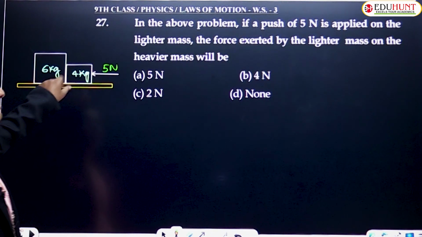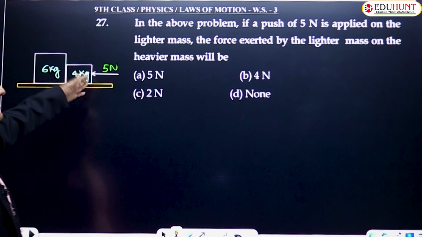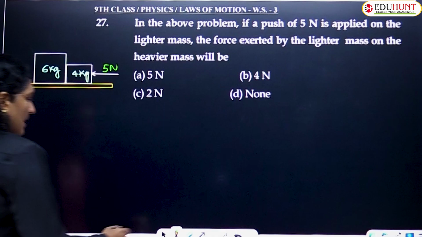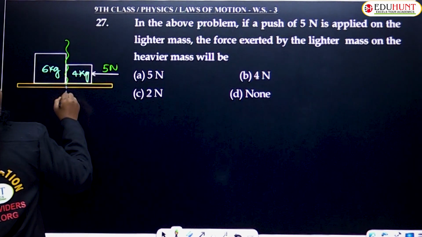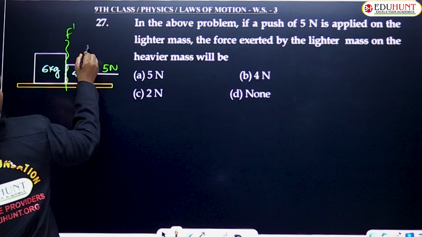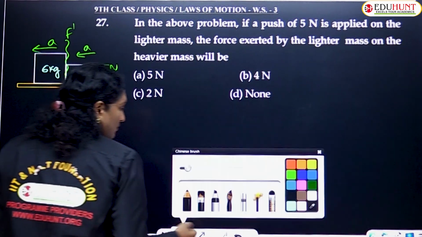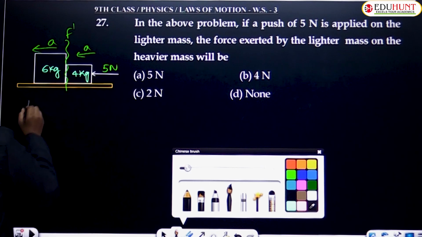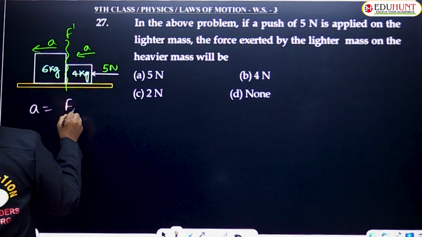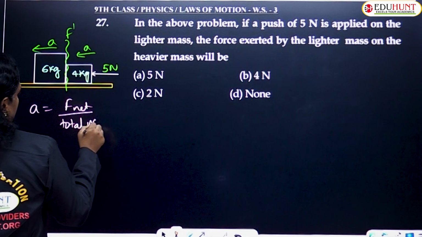So in the above problem, if a push of 5 Newton is applied on the lighter mass, the force exerted by the lighter mass on the heavier mass will be, so this is the contacting force you are asked to find out in this direction. If the force is acting in this direction, the system must be accelerating towards the left side. So clearly we know that the acceleration is equal to the net force acting upon the total mass.